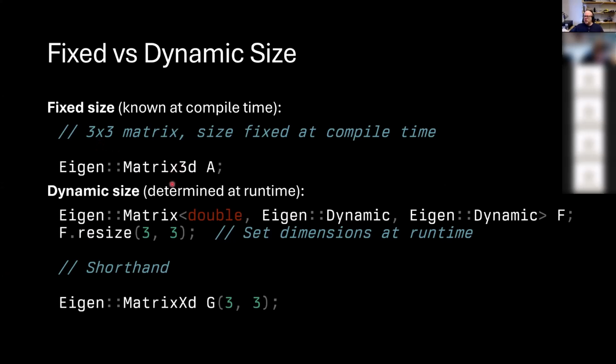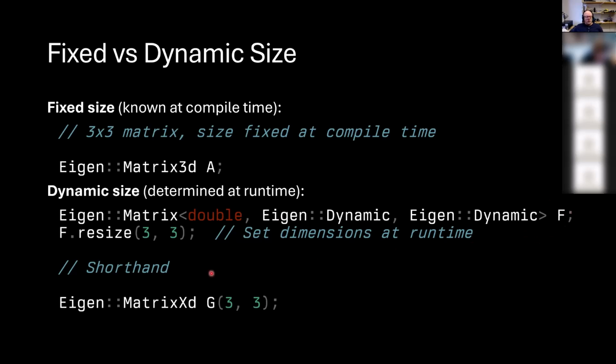It is done in basically the same notation here, but instead of writing the actual sizes of the arrays, you put Eigen::Dynamic and Eigen::Dynamic as the second dimension here.